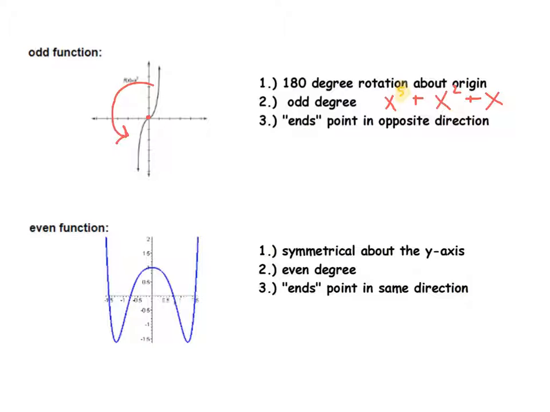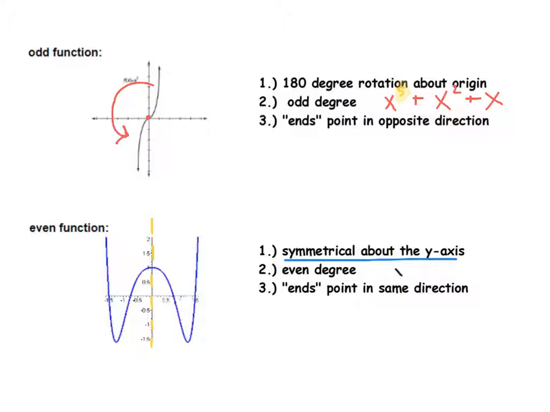For an even function, okay, we know it has to be symmetrical about the y-axis. So here is my y-axis. If we fold it along that line, we would see that one half of the graph is symmetrical with the other. If it's an even function, it also has an even degree as the highest exponent.